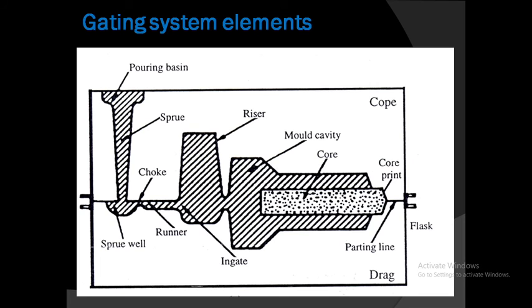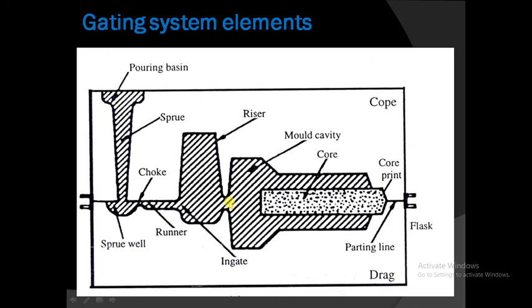In addition, this riser acts as a large vent for evacuating the mold and takes care of the hydraulic ram effect. For the time being, just consider that it feeds the metal to the solidifying casting.